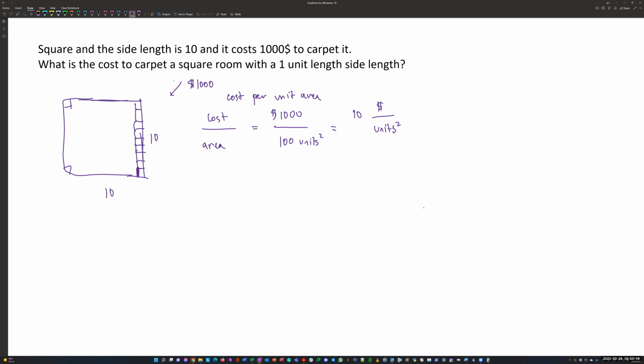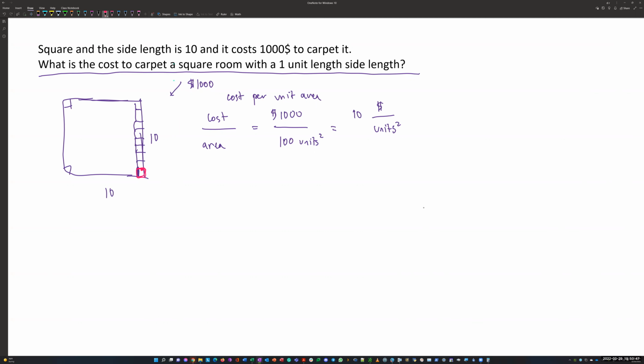Now they're asking, what is the cost of carpet for a 1 unit length room or whatever? Well, that means the answer has to be $10. Does that make sense? Yeah. Sarah? Yes.